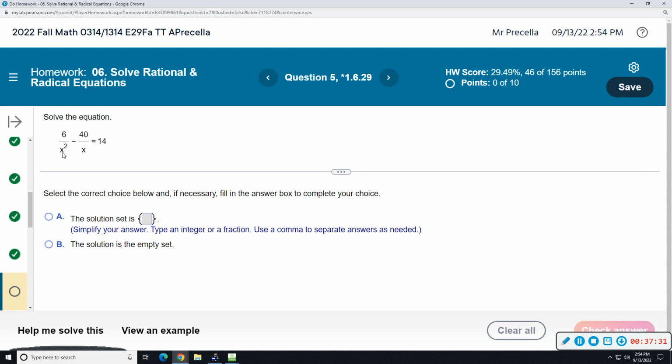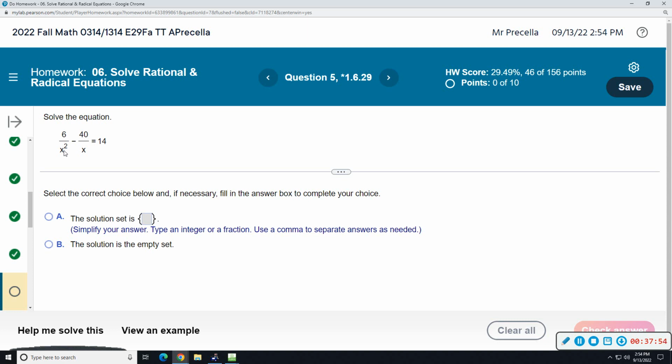Remember, you want to cancel out that entire denominator. If you just tried to multiply by x, you're going to multiply the first fraction by x. Would you cancel out both of those x's in the denominator?